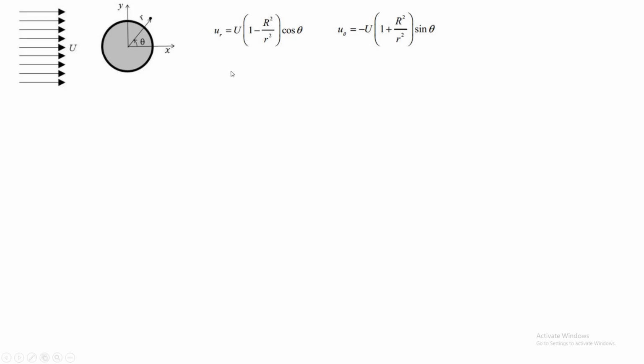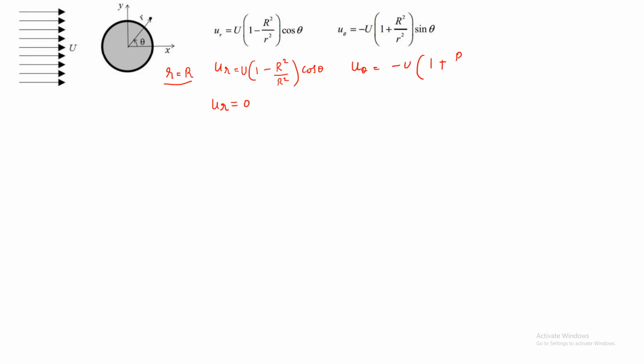Since we are going to find the location on the surface of the cylinder, let's find the velocity components there. On the surface, the radius becomes capital R. So U (1 minus R squared by r squared) cos theta becomes 0, so our radial component of velocity is 0 here, and the azimuthal component will have some value.